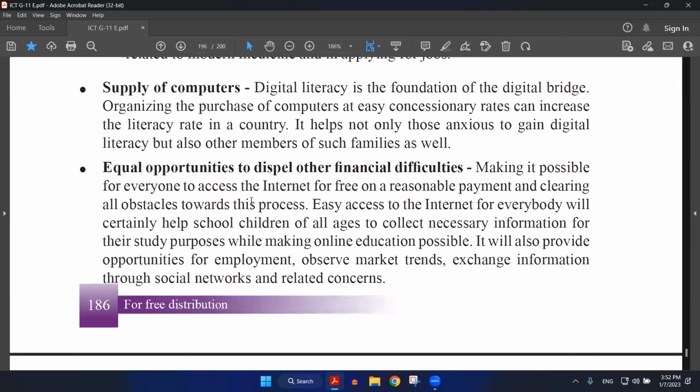Or else, as we talked about, we can arrange an easy payment system for them to purchase the technical devices as they earn, right?